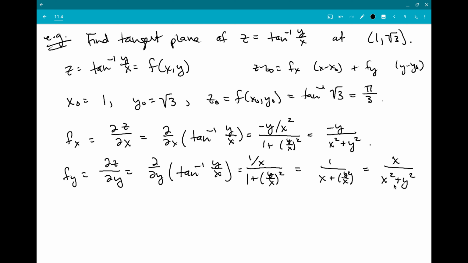All I did here was multiply by 1, basically as x over x. So that became x squared plus y squared over x squared, times x canceled out, and then x on top. Just a little bit of algebra, not really necessary, but I knew I was going to have to plug stuff in.